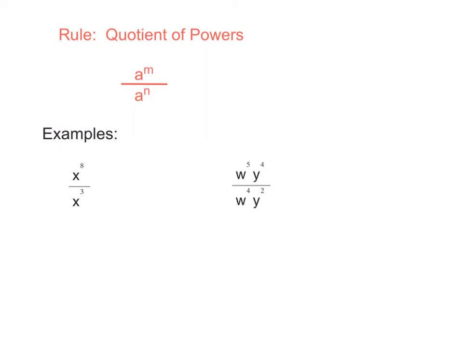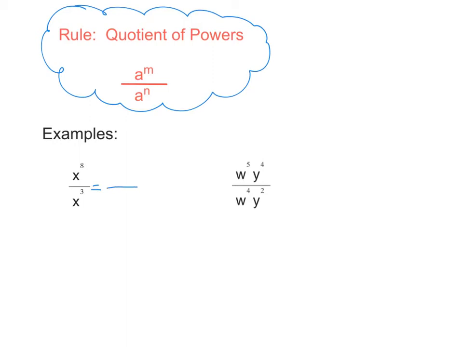Okay, so the fourth rule is the quotient of powers rule. Now the quotient of powers rule, we're going to again explore in our first example. So x to the 8th over x to the 3rd. Now if you think about what this means, x to the 8th means x multiplied by itself 8 times.